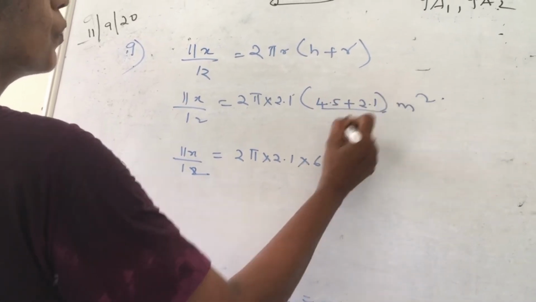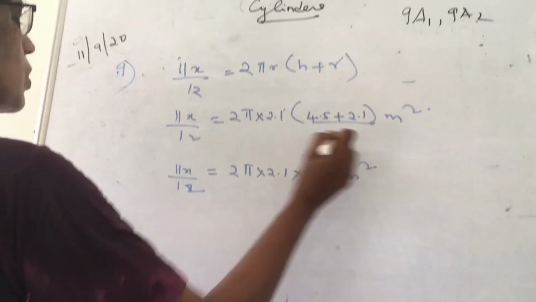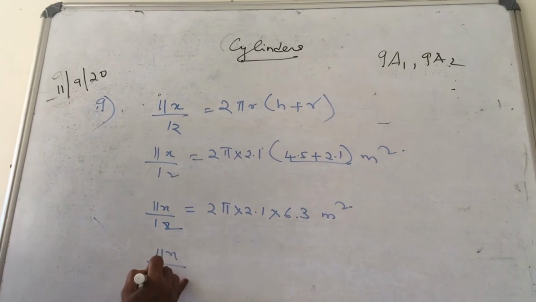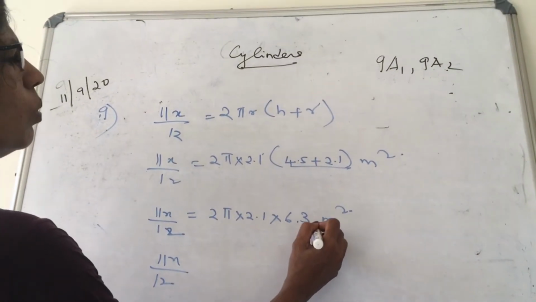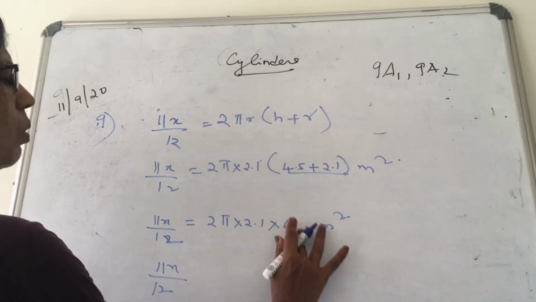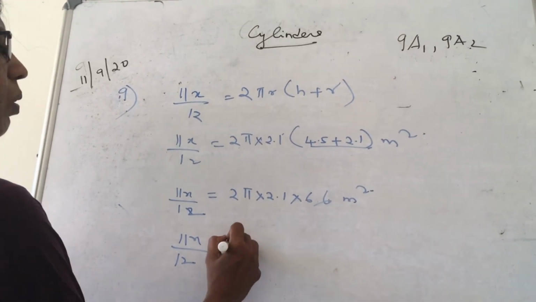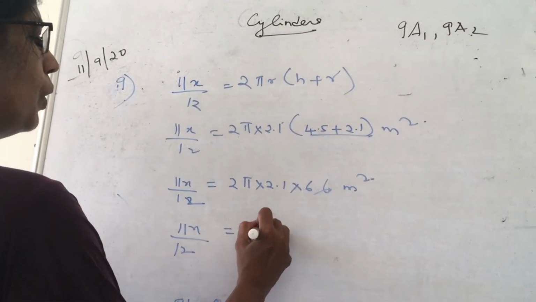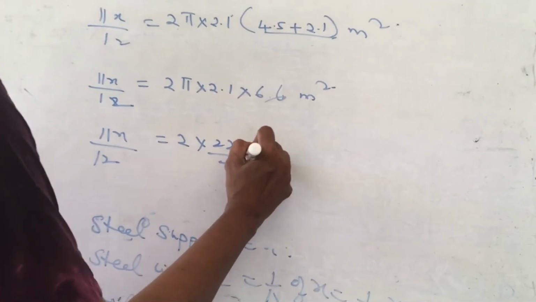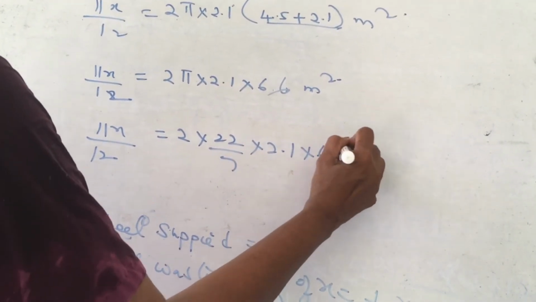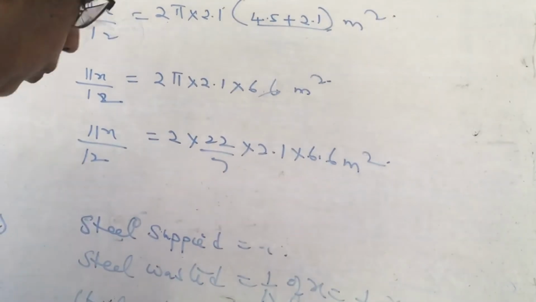What is 4.5 plus 2.1? 6.6. 11X by 12 is equal to 2 into 22 by 7 into 2.1 into 6.6 meters square.